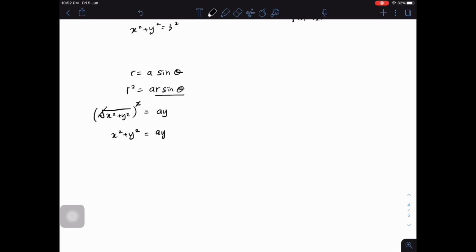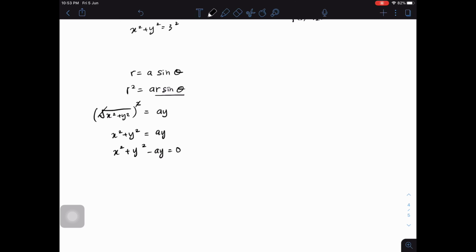Now you need to use the completing the square method to find the equation. So let's write it like this: x square plus y square minus a y equal to 0. So we do the completing the square. Please check with your notes, we have learned how to complete the square before.